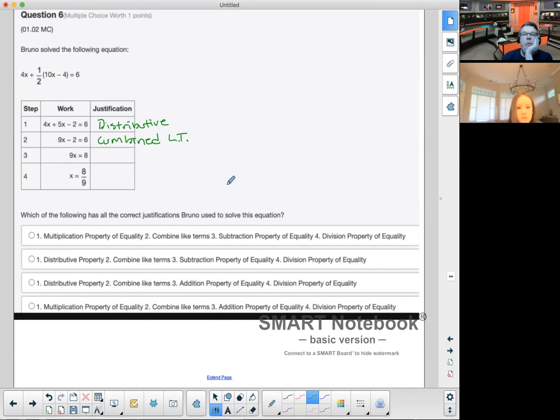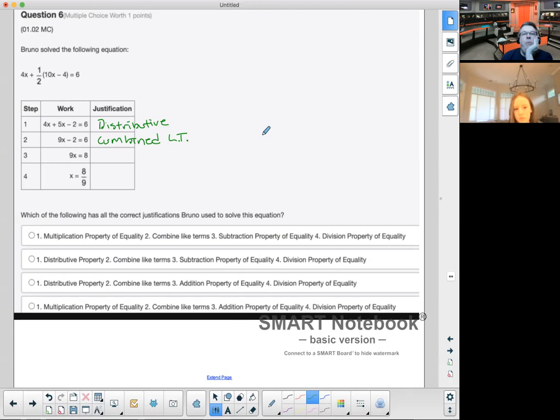You don't have to use these words, you can just tell me. They moved the 2 to the 6. And how did they do that? Oh wait, no, they didn't. They added the 2 to get rid of it. Yep. Both.